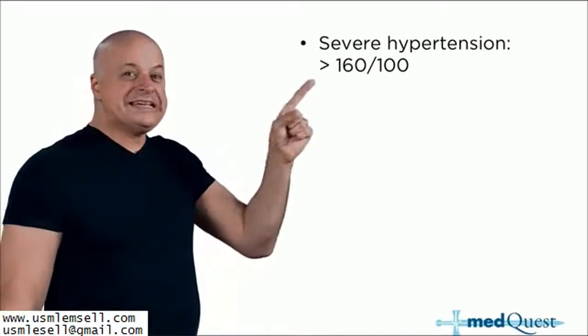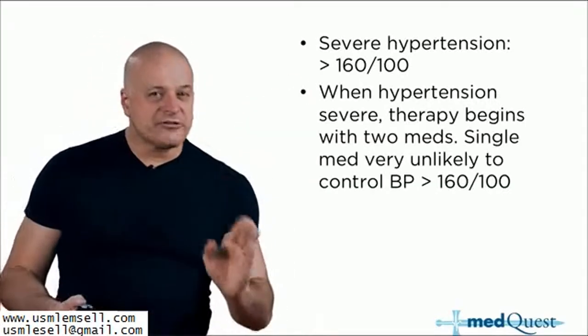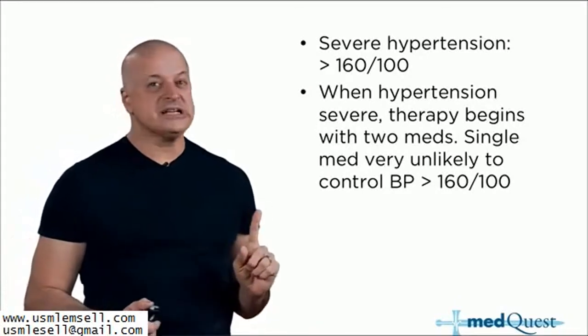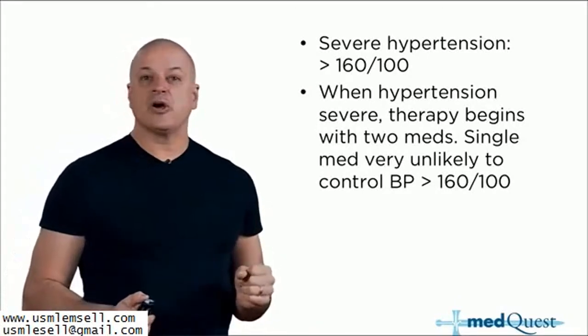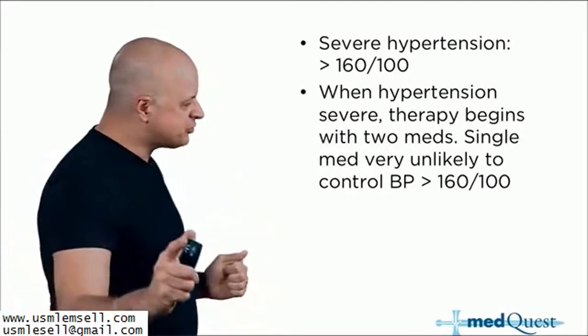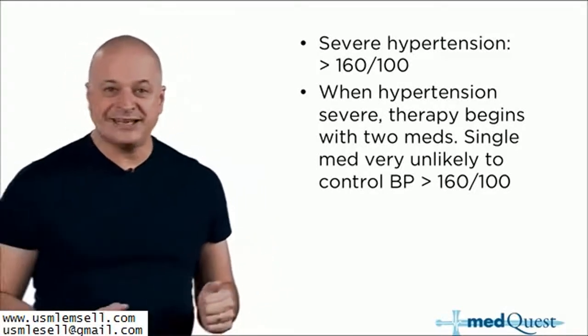Now, when you have really severe hypertension, like 160/100, what you have to do then is start with 2 medications.